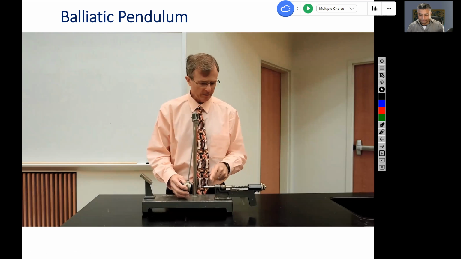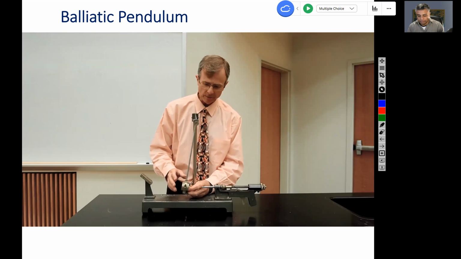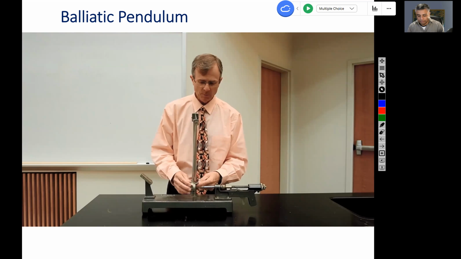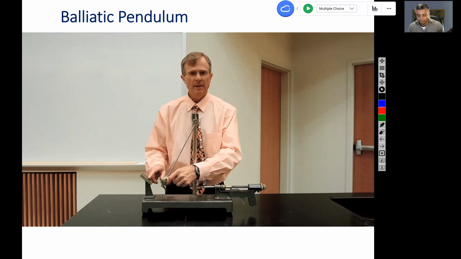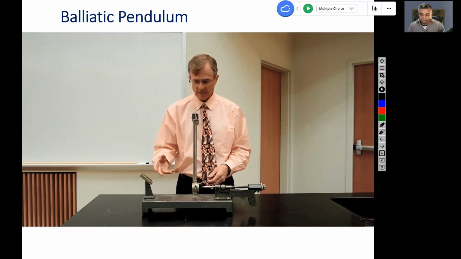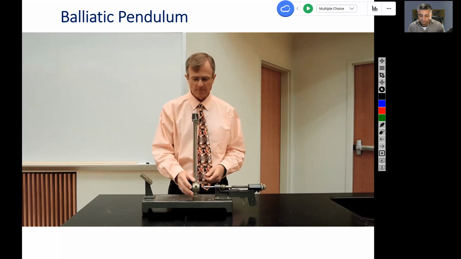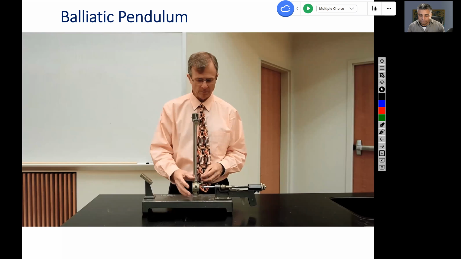A ball and a gun. So this gun is going to shoot the ball. The ball will get captured and held by the pendulum. And the momentum of the ball will then cause this pendulum to swing up to a certain height. And what you'll do in the lab is to measure that height and then use the conservation of energy and momentum appropriately to study the problem.